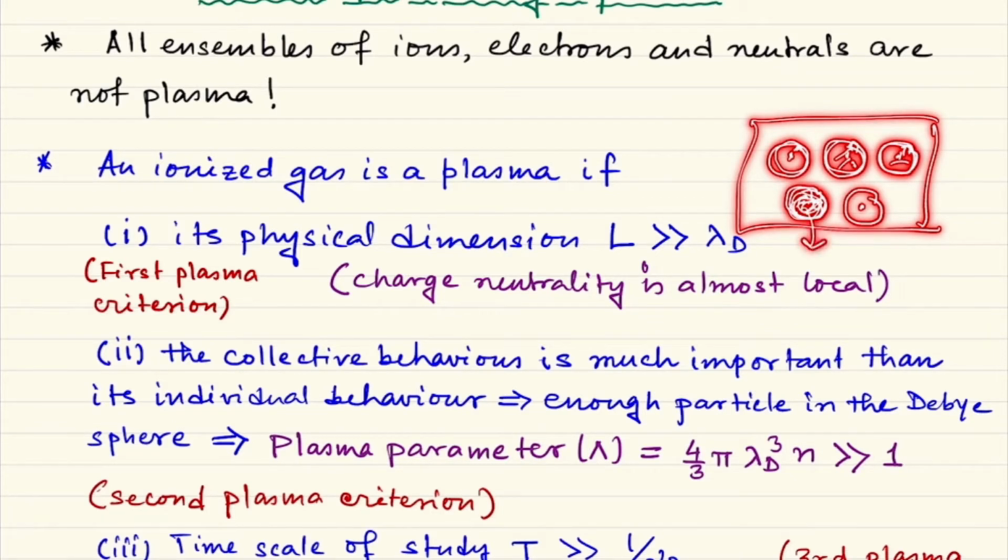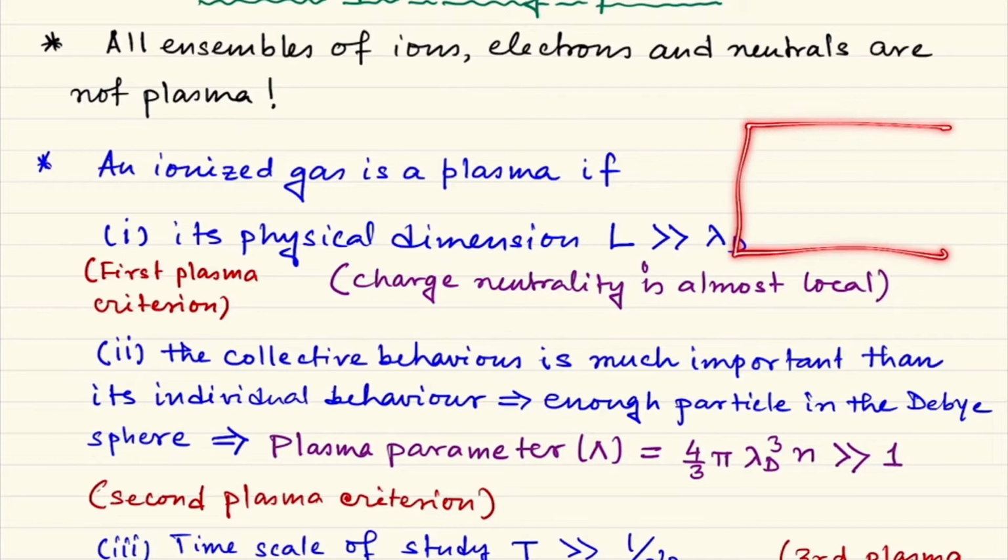These spheres are known as Debye spheres. And if your Debye spheres are very small with respect to the global dimension of the plasma system, then you can simply say that it is almost locally charge neutral, where locally means the length scale over which some plasma parameter can change considerably.